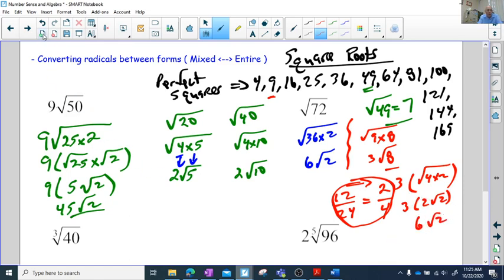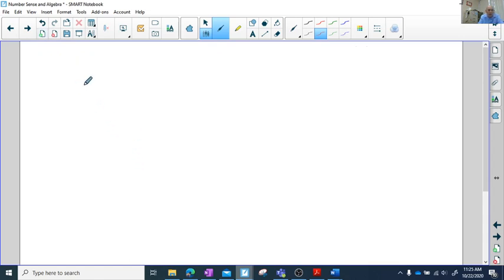Now let's just jump to a blank page here and do a few. So here would be a few radicals simplified. So I'll just write out 5 or 6 of them. So you might want to pause the video and try them yourselves.